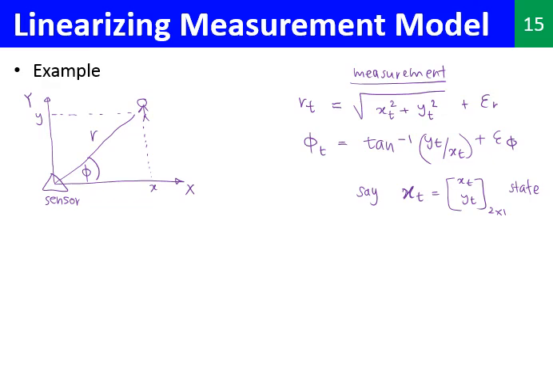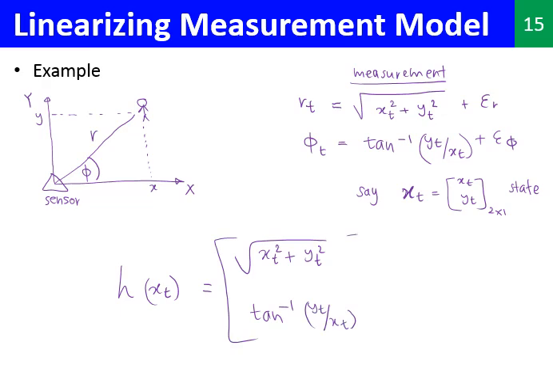Again we have a function vector h with two components, so we can write h of xt equals the deterministic parts, and the second one would be tan inverse of yt over xt, right? This is 2 by 1.